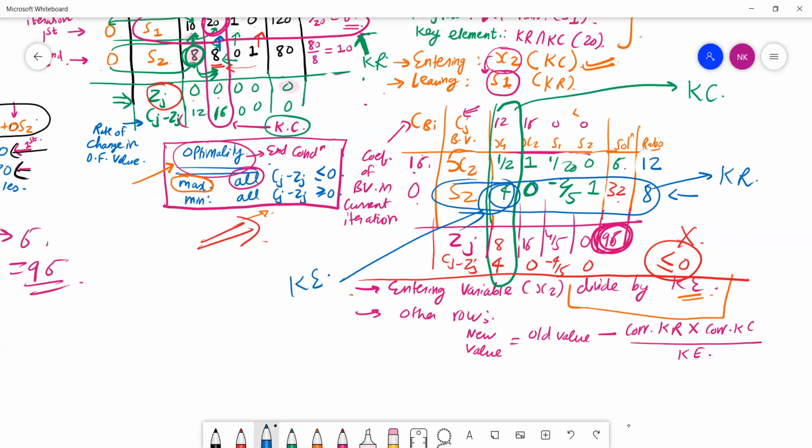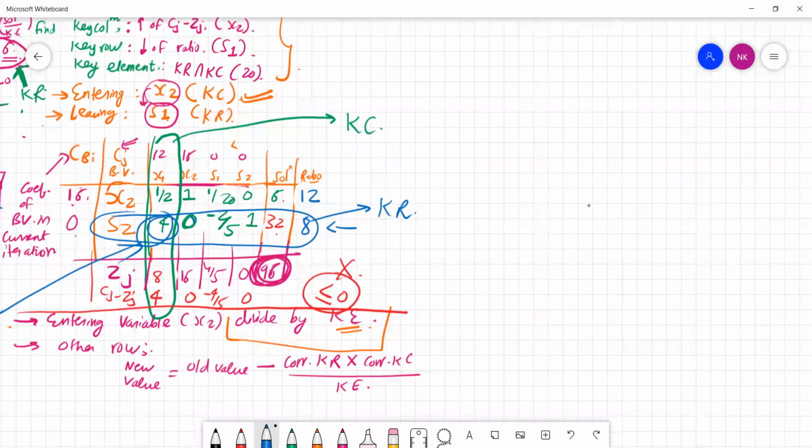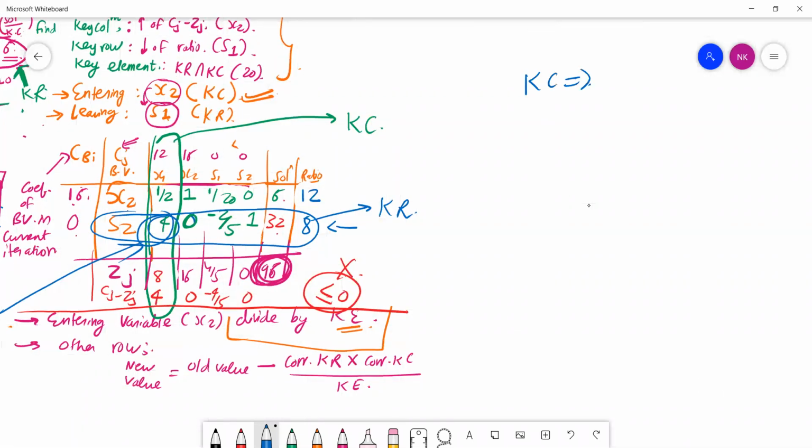So what we can see over here, corresponding to the key column, the variable is nothing but x1, that is our entering variable. And the leaving or exiting variable, corresponding to the key row, is nothing but s2.